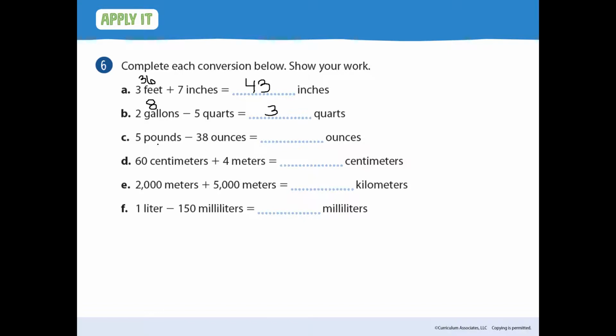There's 16 ounces in a pound. So 5 pounds is equal to 5 times 16, which is 80. And 80 minus 38 is 42.